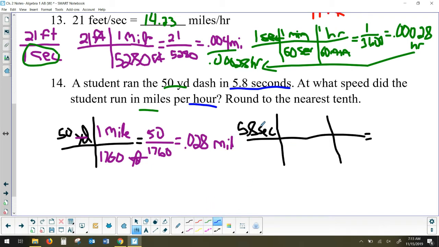Let me look back. How many seconds are in a minute? You have 60 seconds in 1 minute. There's a decimal point here, don't lose it.